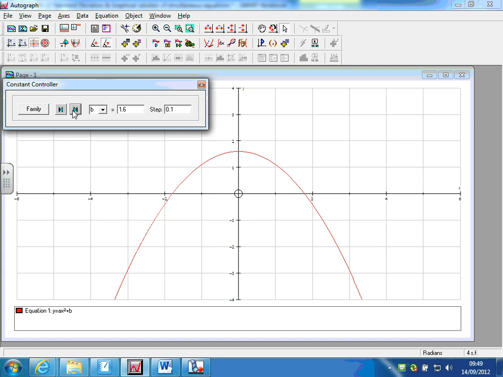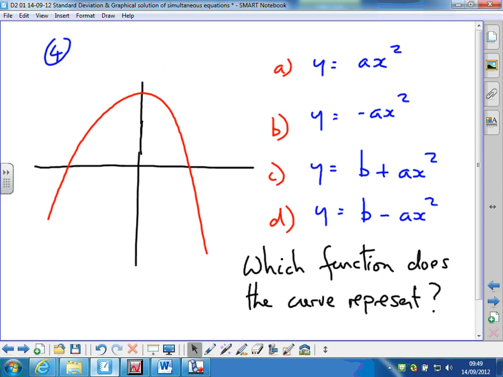But doesn't change the shape of the curve. So which of these curves does that look like? Which shape is the curve? It's negative, so it's going to be D. B minus ax squared. Okay? So D.